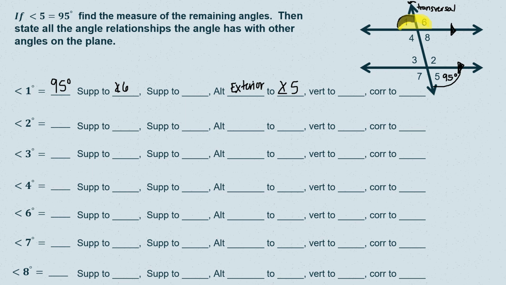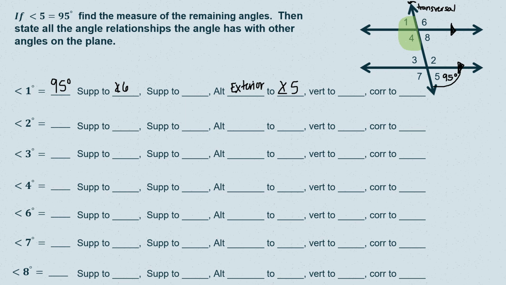Let me not do that color. It's a little too dark. All right, angle 1 is also supplementary to angle 4. So we see those also form a straight line angle. So really, anytime we have angles that are side by side that share a straight line side, those create supplementary angles that add up to 180 degrees.